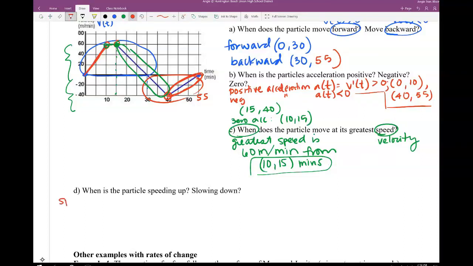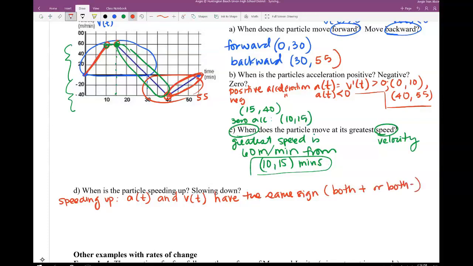So speeding up means both a of t and v of t have the same sign. What does that mean? That means they're both positive or they're both negative.